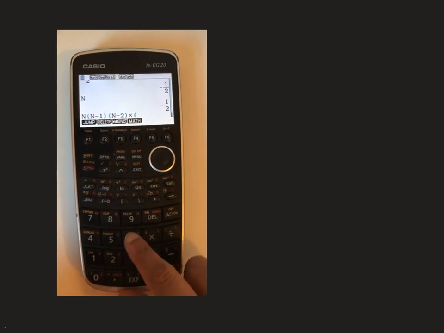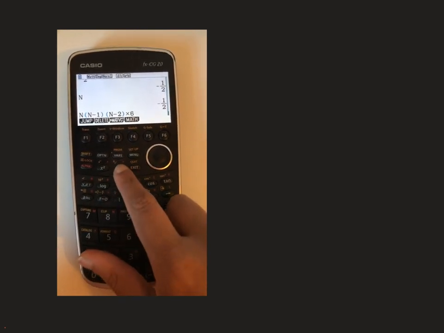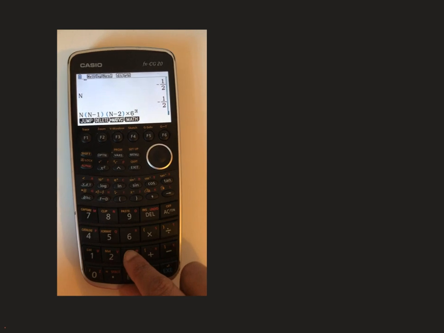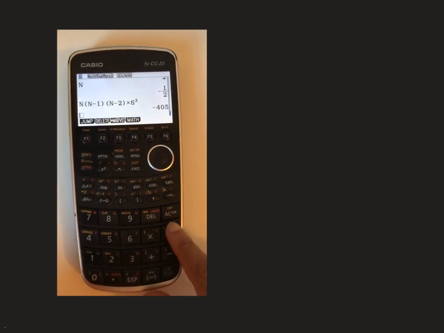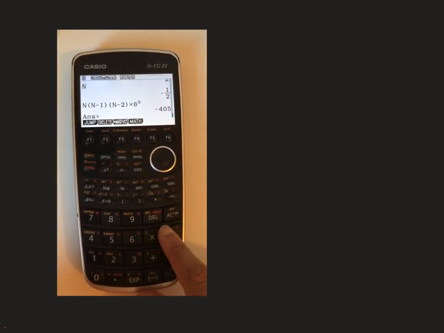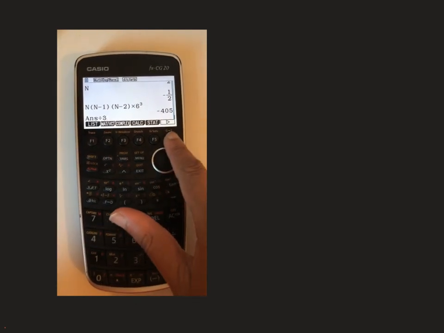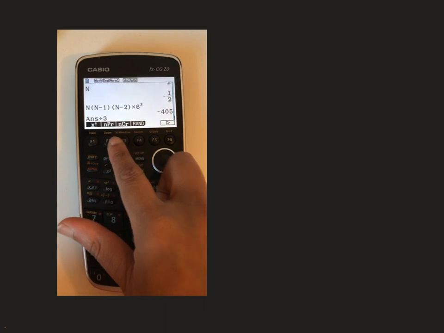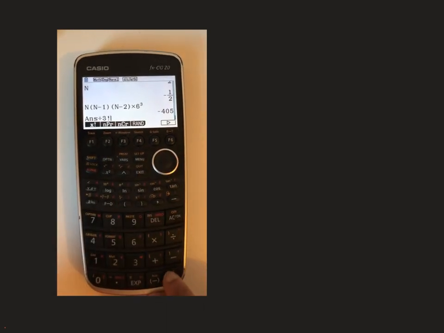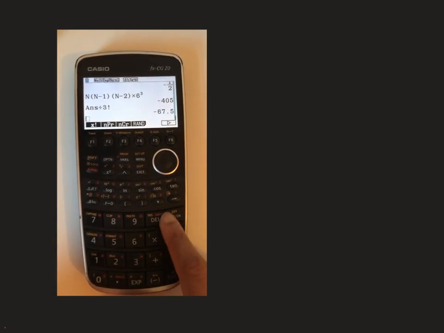I obviously can't input x, but I can input 6 to the power of 3. I get that, and then of course we were dividing by 3 factorial, so that's divide by 3, and then to access the factorial, remember we went through this in the previous lesson, you can see all the key presses there, and then I get negative 67.5.